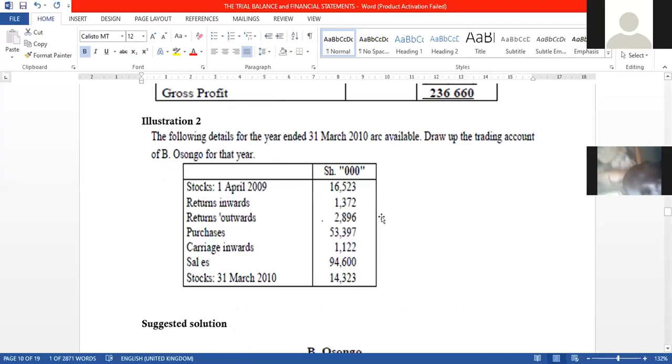Very fast. Can you see the information? Confirm you can see that information that I've shared. Someone confirm that you are able to see my screen. Good people, you don't want to talk to me.